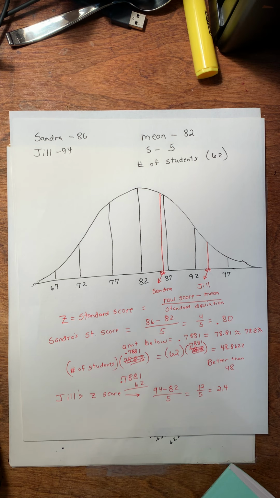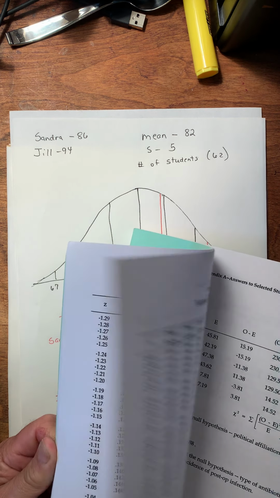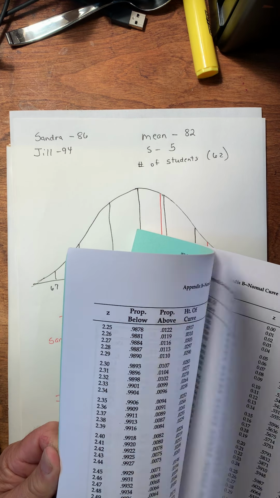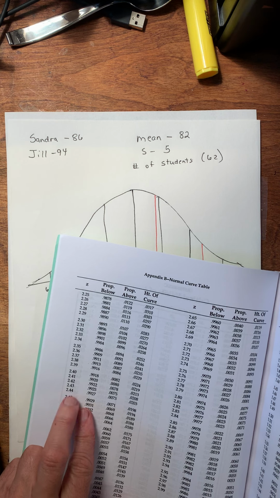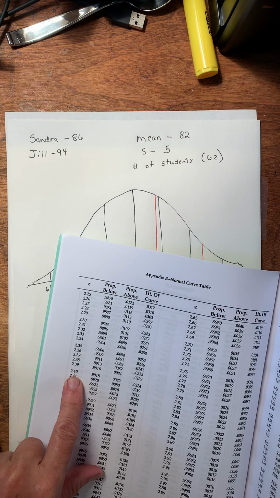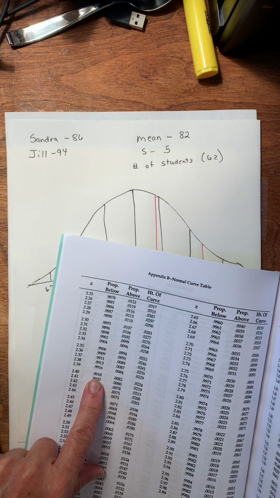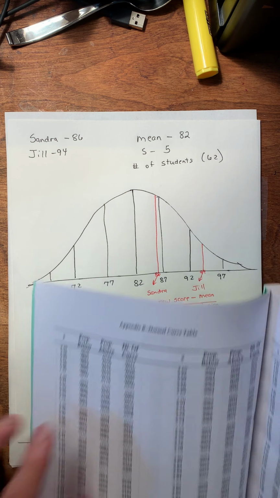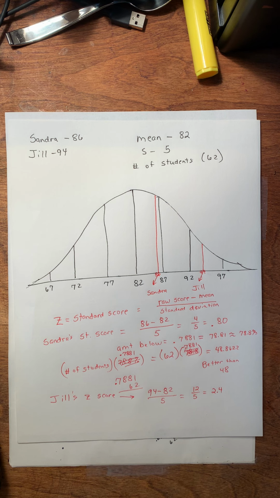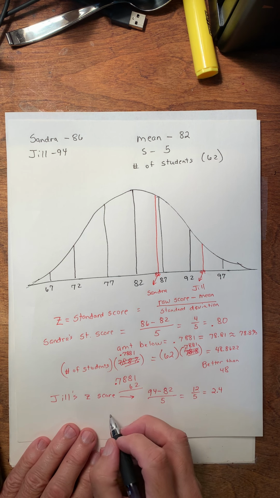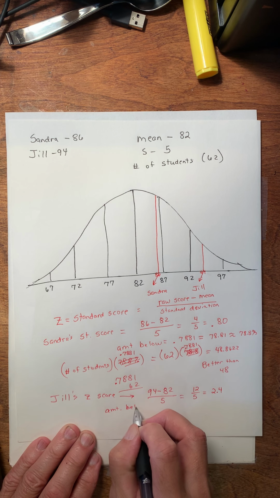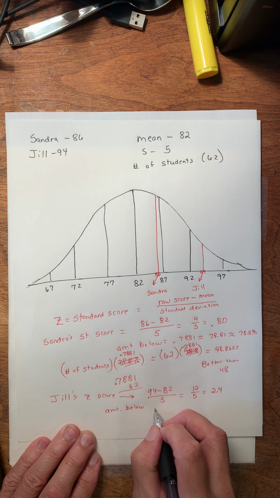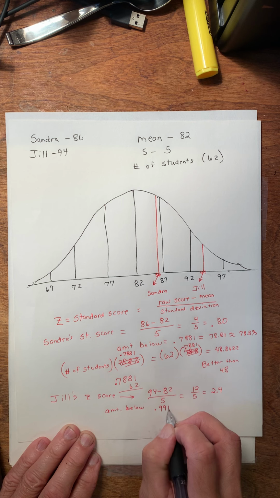So 2.4 is what I look for in my chart. 2.40 right there. The amount below is 0.9918. Amount below, 0.9918.